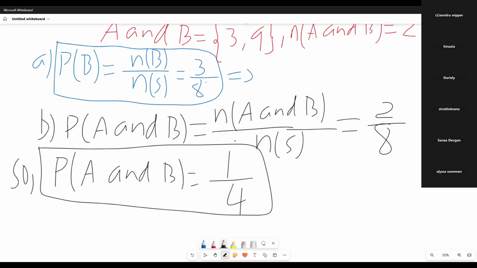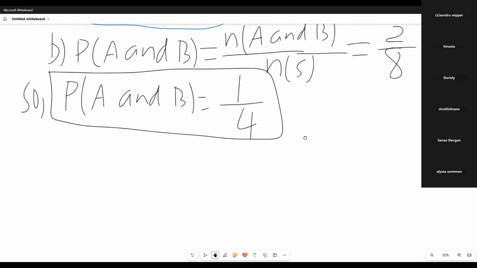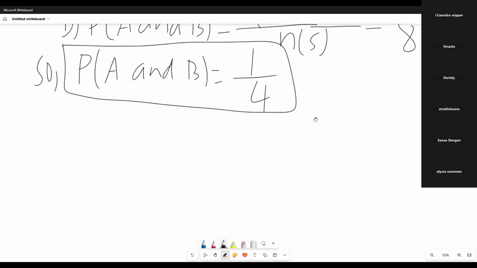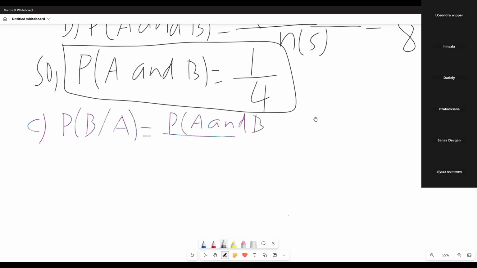Now, the last part here is part C. He has to find P of B given A. So that will give you P of A and B over P of A. That's the formula I gave you. We do not know the value of P of A. Let's find out.